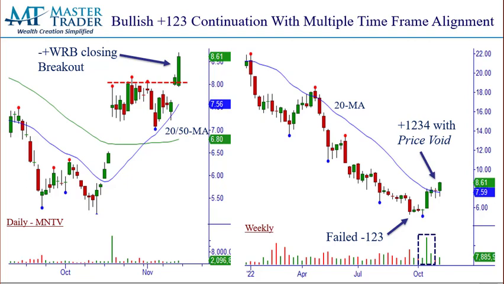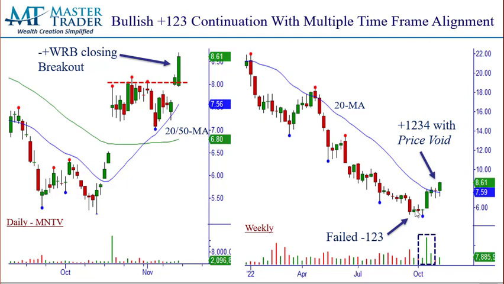But what I'm showing you now, one of our concepts, as I also mentioned, is multiple time frames in alignment in the direction of the trade that you have. So we're still trading the daily, which is a wide range breakout. But look at my weekly here. This was in a nasty downtrend. This was actually a bearish 1, 2, 3 continuation, which is just the opposite.